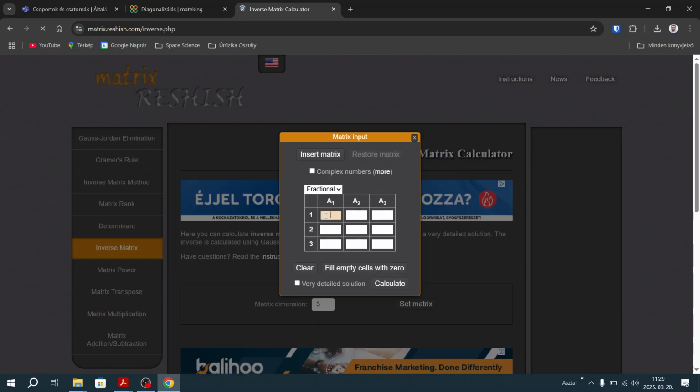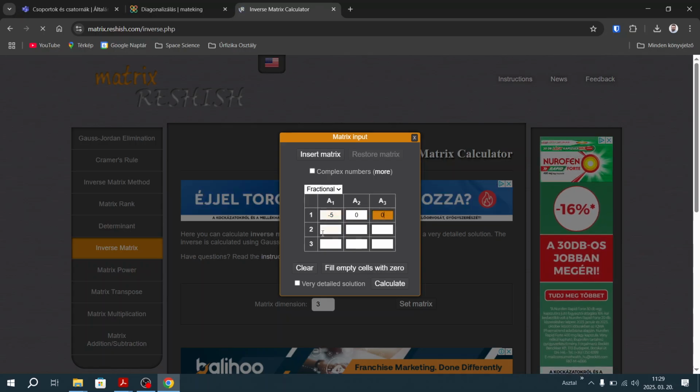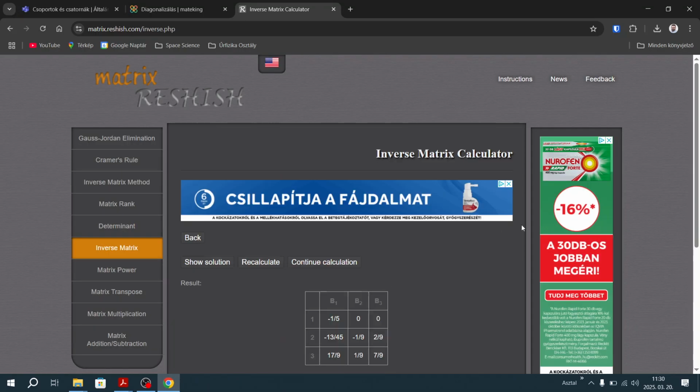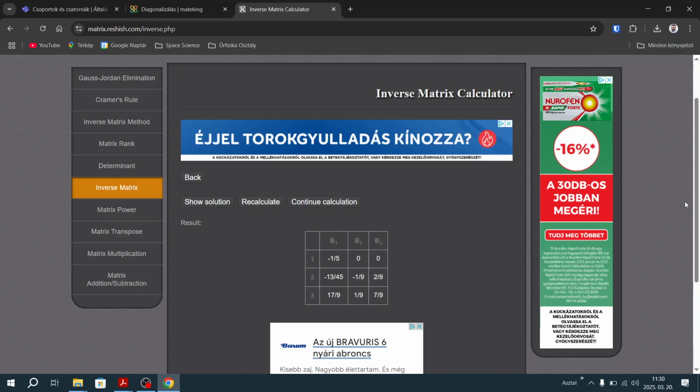Okay, so this is minus 5, then 0, 0, then 29, then minus 7, 2, minus 7, 2. Okay, then this is 8, 1, 1. Okay, minus 5, okay. That's okay. So, let's do the calculation. Yes, the determinant is definitely 45.